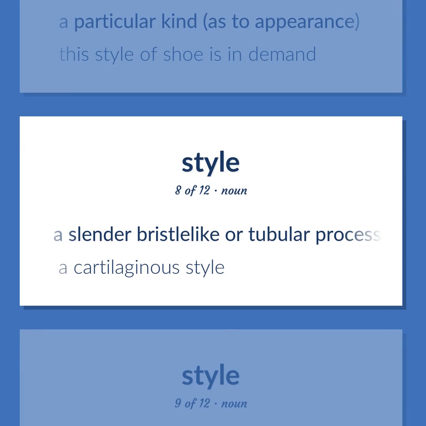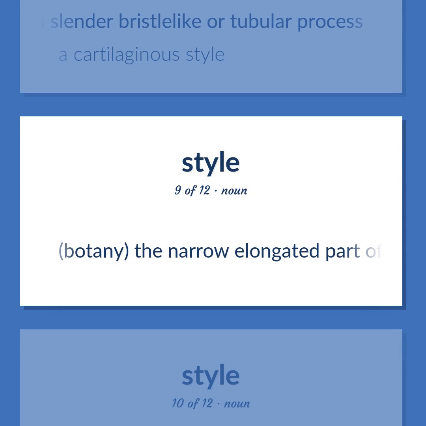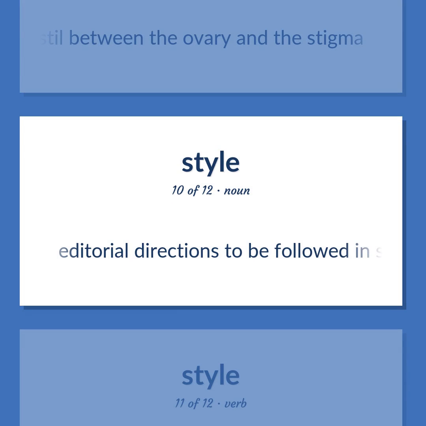A slender bristle-like or tubular process. A cartilaginous style. Botany, the narrow elongated part of the pistil between the ovary and the stigma. Editorial directions to be followed in spelling and punctuation and capitalization and typographical display.